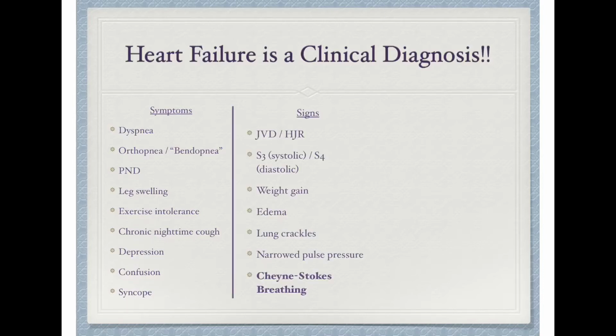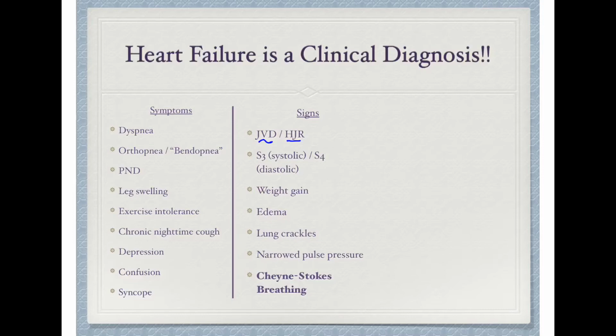While physical exam is increasingly considered much more unreliable in diagnosing heart failure, with even experienced cardiologists and clinicians having difficulty identifying some of the signs of heart failure on exam alone, some of the items to look for include jugular venous distension, or JVD, the hepatojugular reflux, which is when increases in the jugular venous pulse are appreciated with prolonged palpation of the liver, causing a reflux of venous blood.